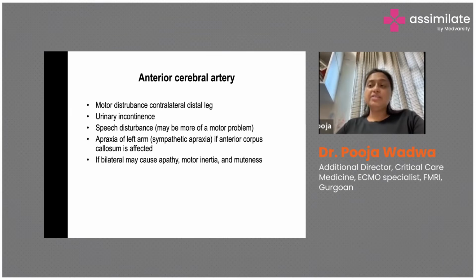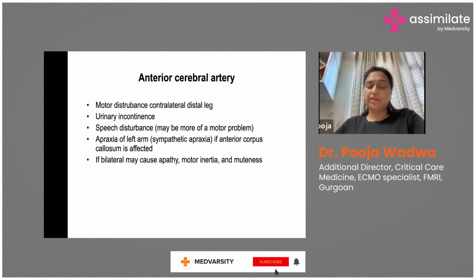When the anterior cerebral artery is involved, then motor disturbance will be more pronounced in the contralateral distal leg, not in the proximal leg, but in the distal leg. There will be urinary incontinence, speech disturbance, which will be more of motor type, apraxia of the left arm if the anterior corpus callosum is affected.